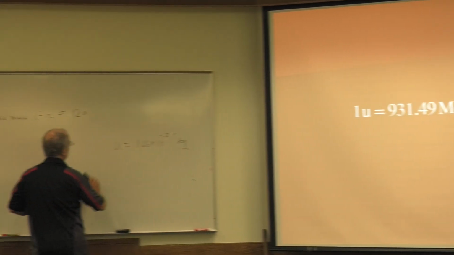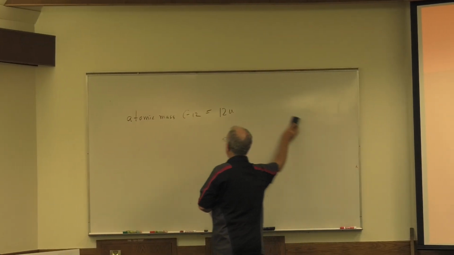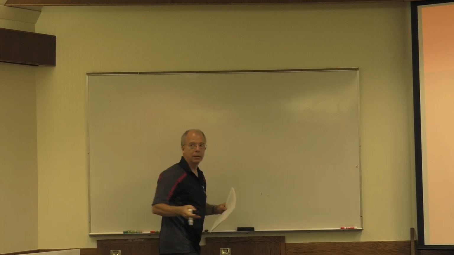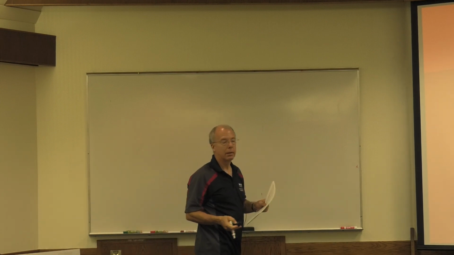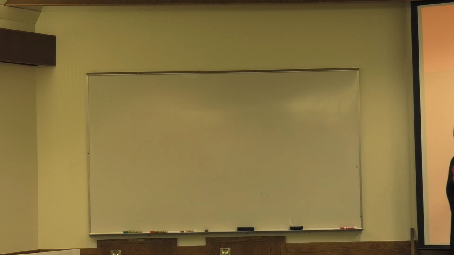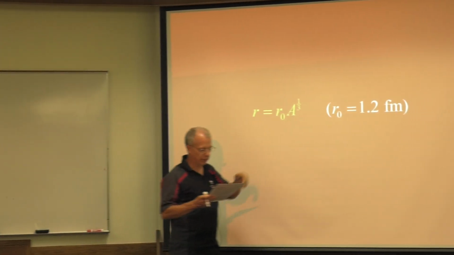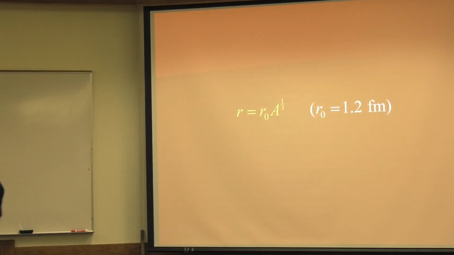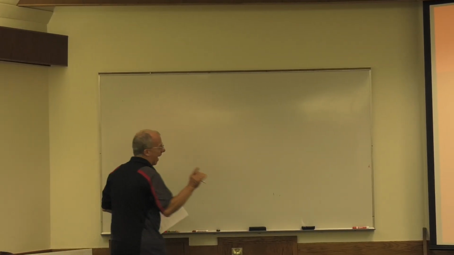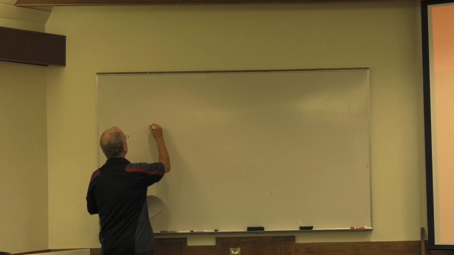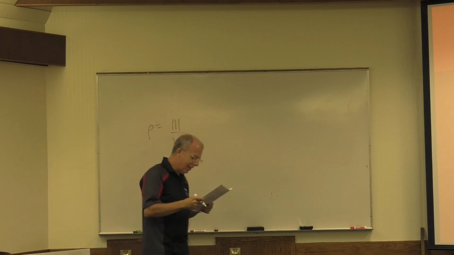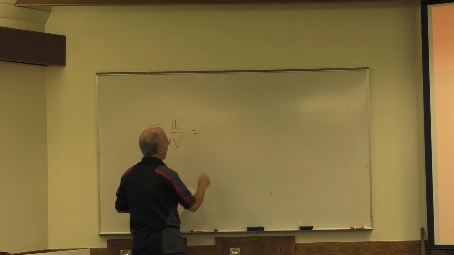Okay, let's talk about the density of a nucleus. Again, this is an experimental equation. This really should be approximately equal to, but whatever. We want to calculate the mass density of a nucleus. Density equals mass over volume. And what's the mass?